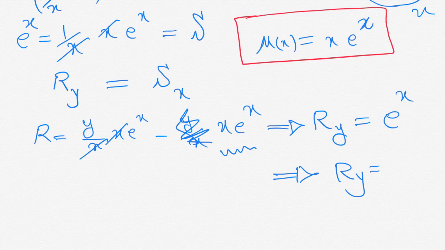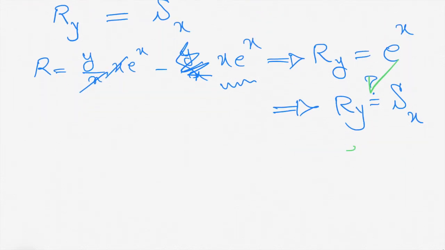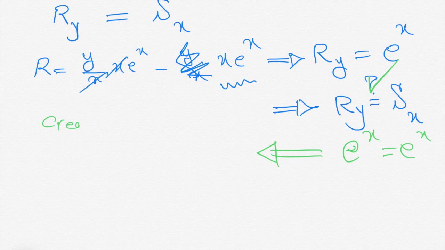So is r_y equal to s_x or not? Since the derivative with respect to y gives e to the power x, and s_x is e to the power x, both of them are equal.